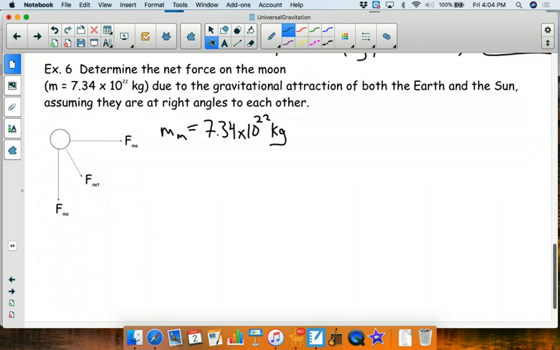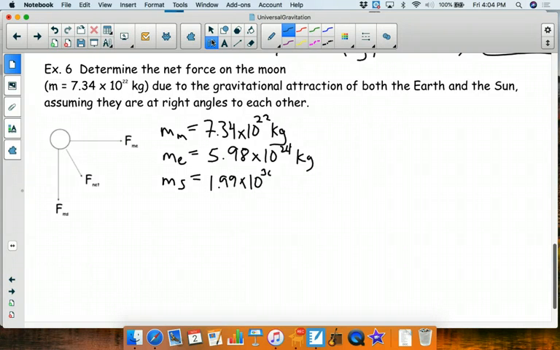You need to know the mass of the Earth and the mass of the Sun. So the mass of the Earth is 5.98 times 10 to the 24 kilograms. And the mass of the Sun is 1.99 times 10 to the 30 kilograms.